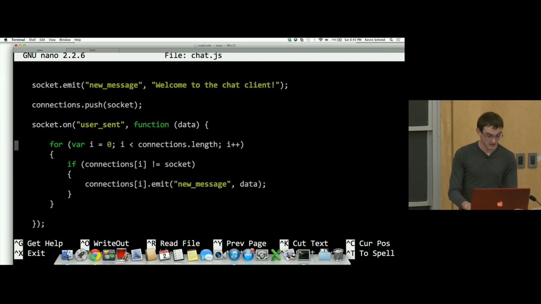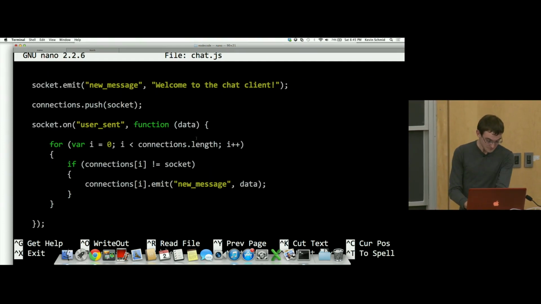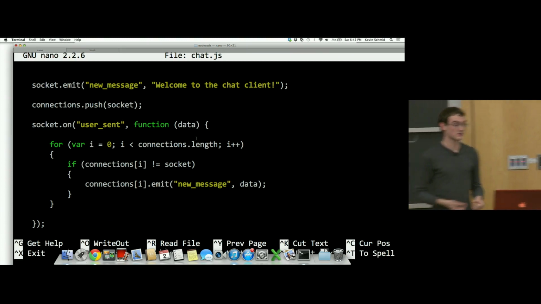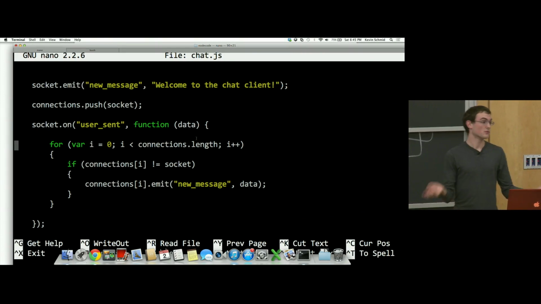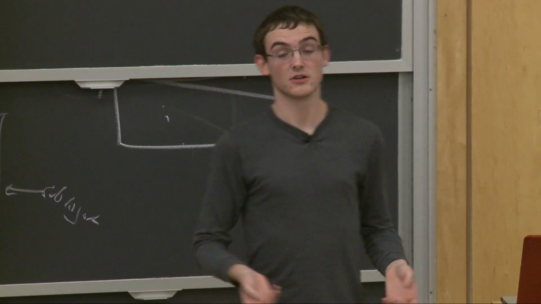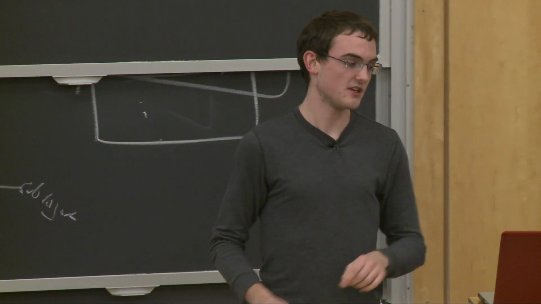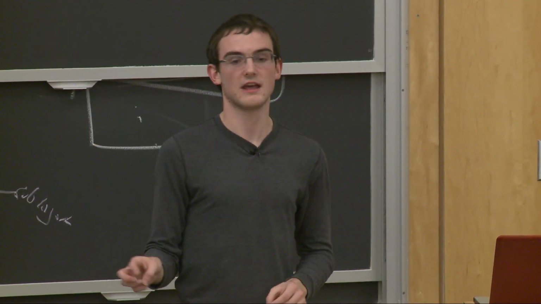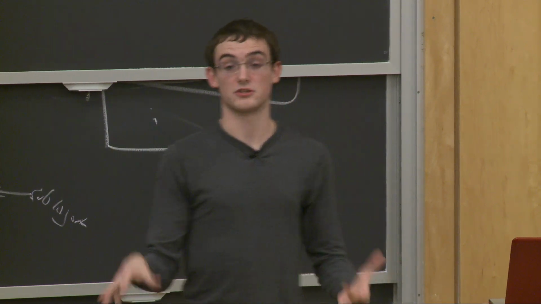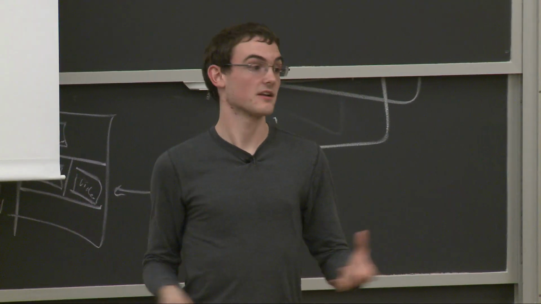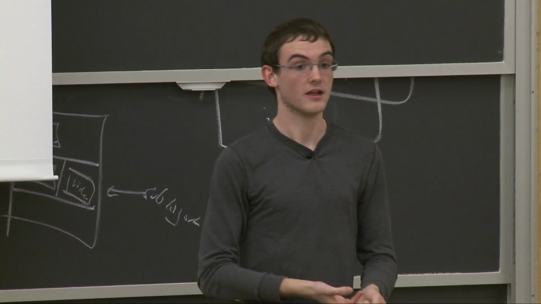So now, when this code runs, it will send things to those particular connections. This can be a good starting point for making a chat server or something similar. And the cool thing is that the code you see here, like on and emit, is the same kind of JavaScript code that you would write in the browser to interact with the server. That's why Socket.io is neat and useful in that way.